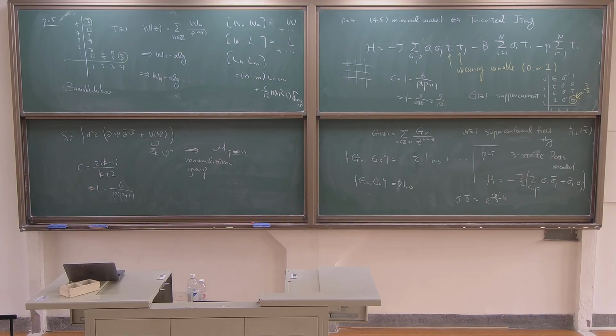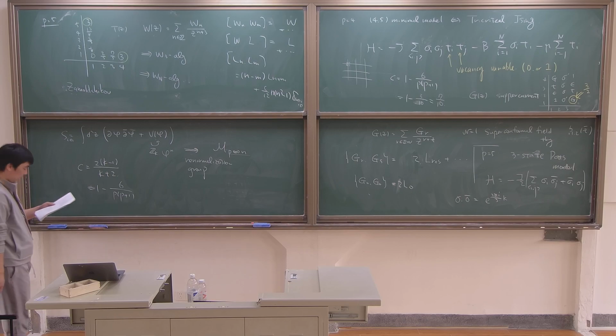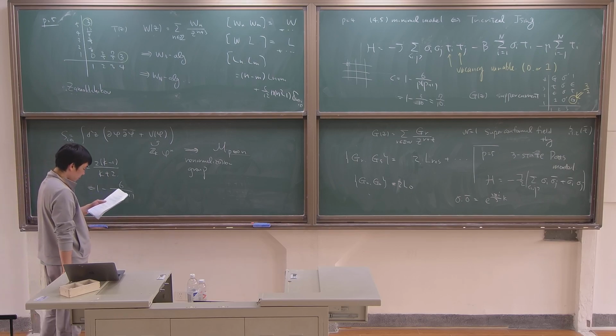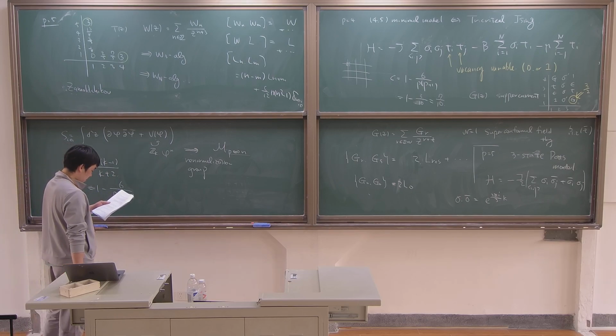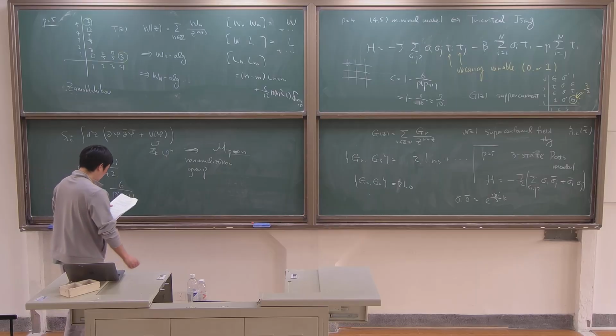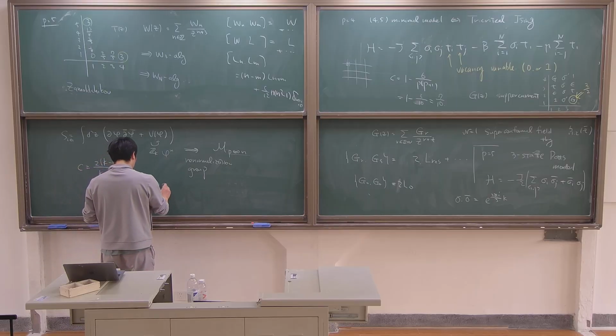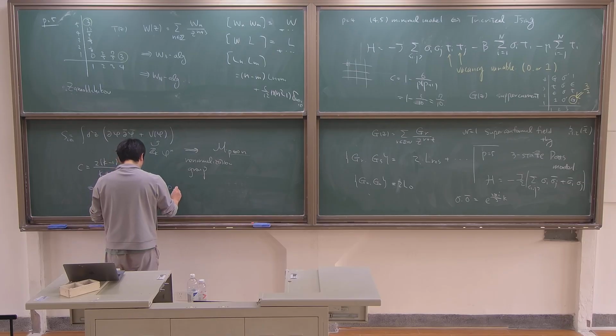This kind of model has been studied a long time ago by many people. It's called the RSOS model, and also the Ashkin-Teller model.